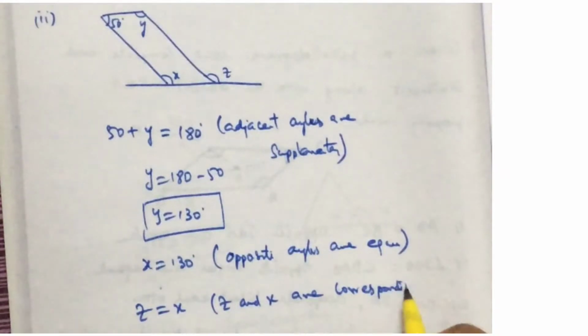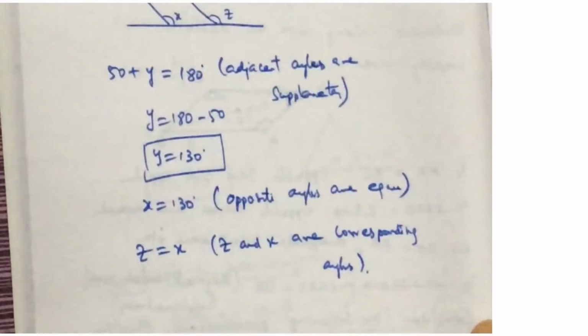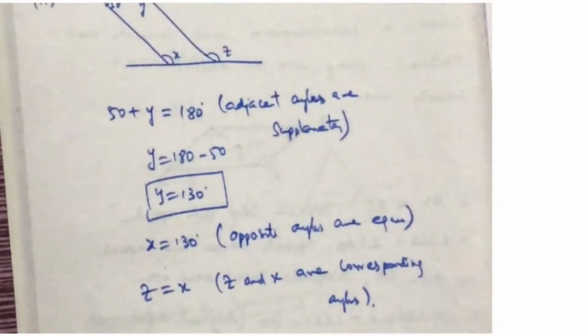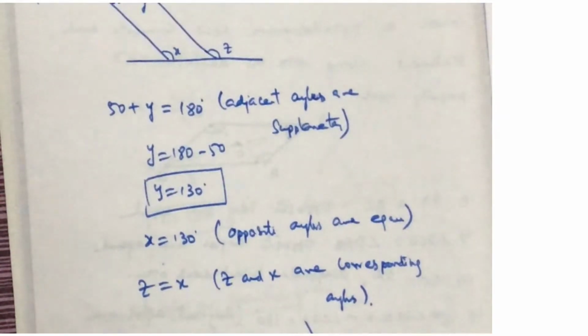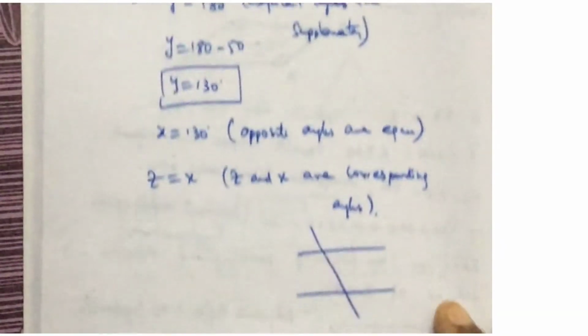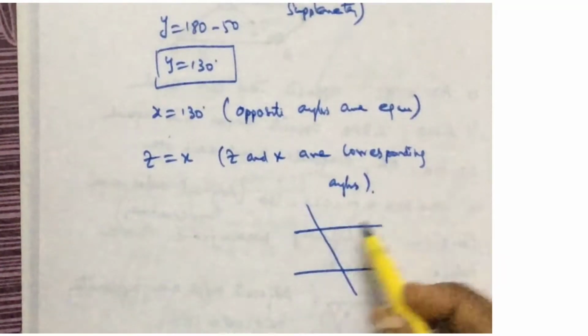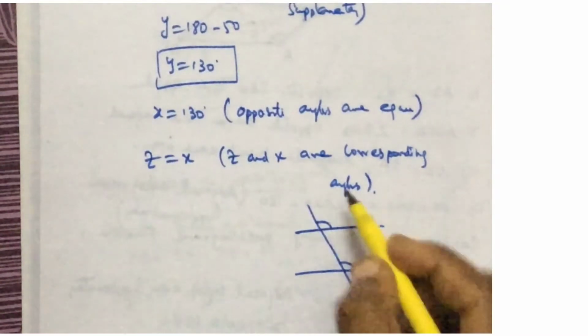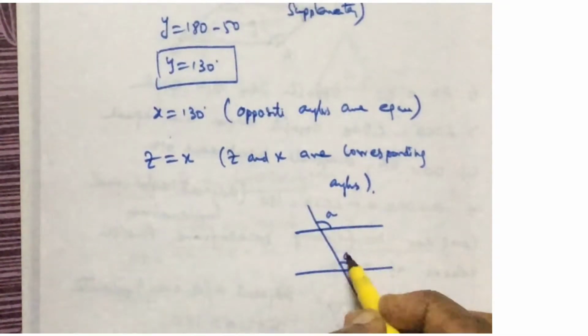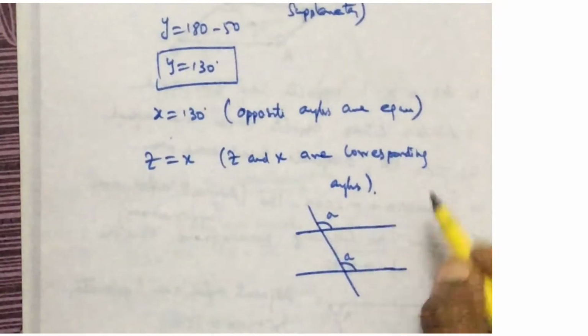What is a corresponding angle? In 7th standard you studied, if there are two parallel lines, and if there is a line crossing like this, which means this is a transversal to these lines, then you can say this and this are corresponding angles. So, angle A, they are equal.